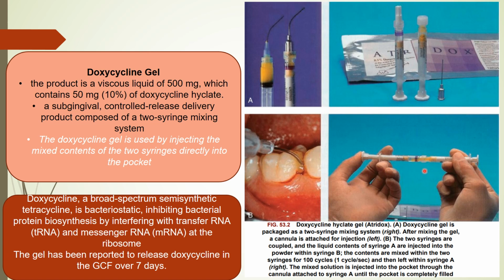Doxycycline is a broad spectrum antibiotic, and it is bacteriostatic, inhibiting bacterial protein synthesis by interfering with transfer RNA and messenger RNA at the ribosome. The gel has been reported to release doxycycline in the GCF over 7 days.